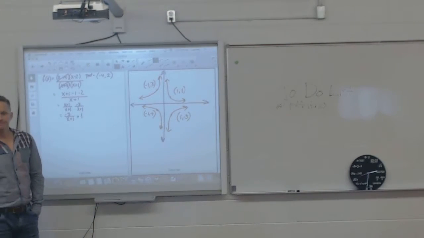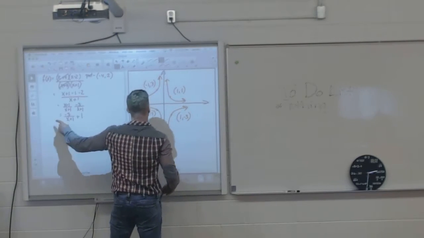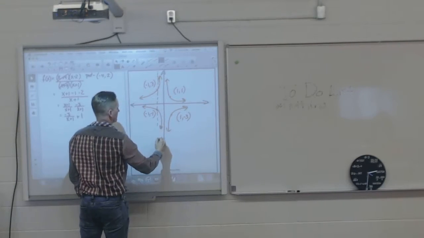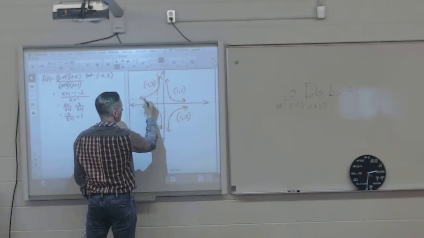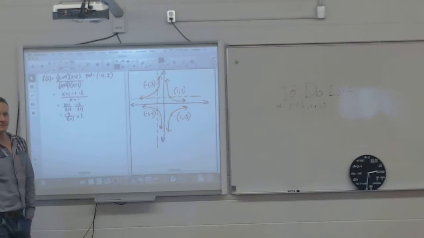So far so good. My asymptotes shift left 1 and up 1 to right there. I'm actually done.